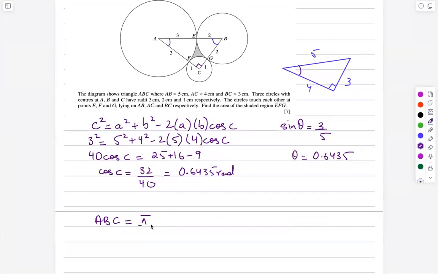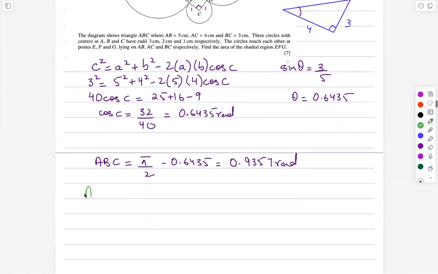So first finding pi upon 2, pi divided by 2 is 1.57, and then subtracting 0.6435, this angle will become 0.9357 radians.